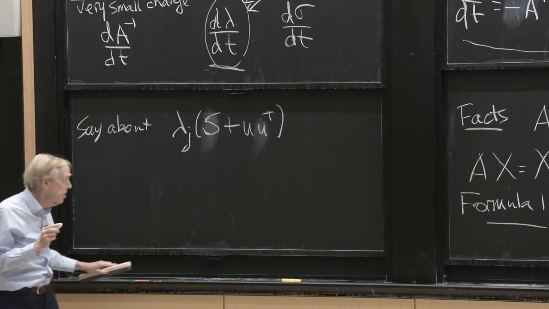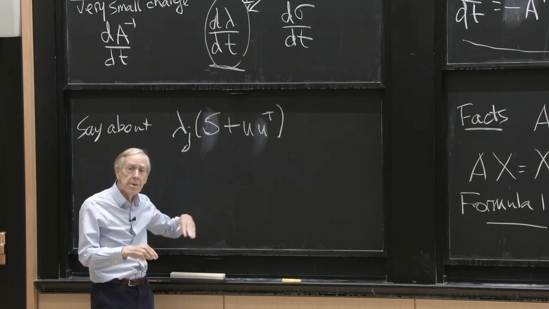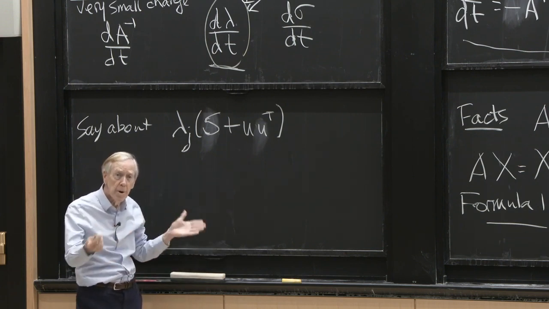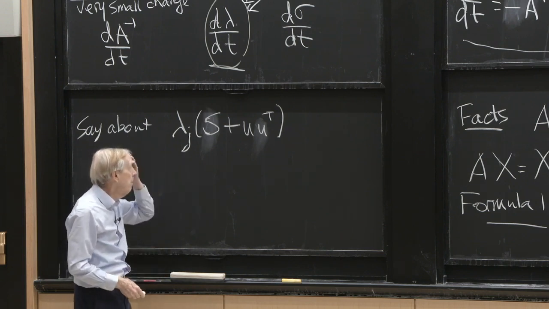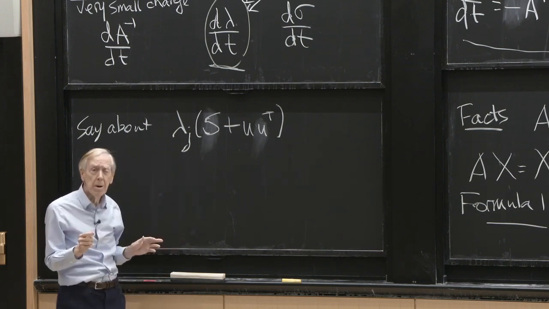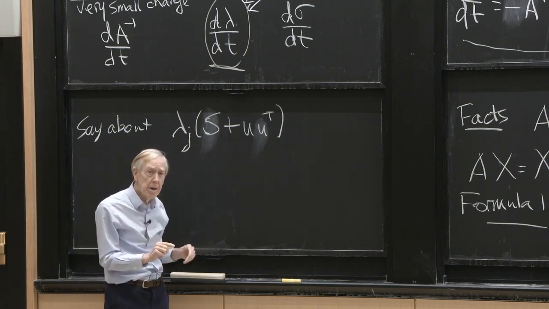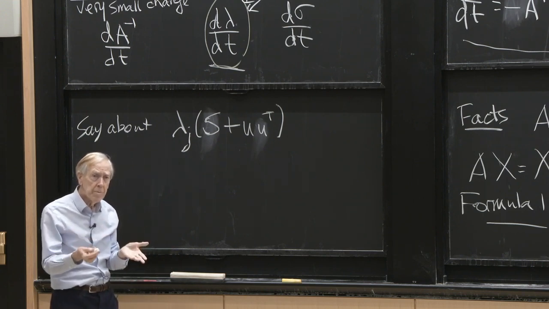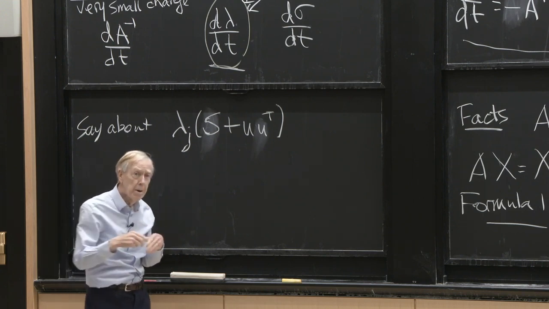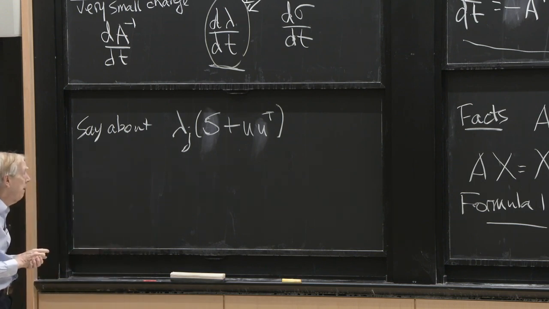So again, this isn't calculus now because the change that I'm making is a true vector and not a differential. Okay. And I'm not going to have an exact formula for the new eigenvalues, as I said. But what I am going to do is write down the beautiful facts that are known about that.